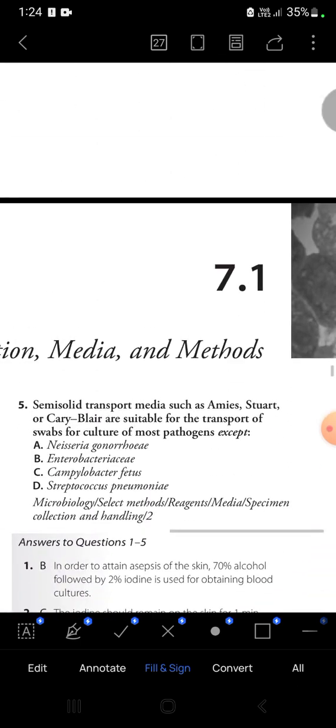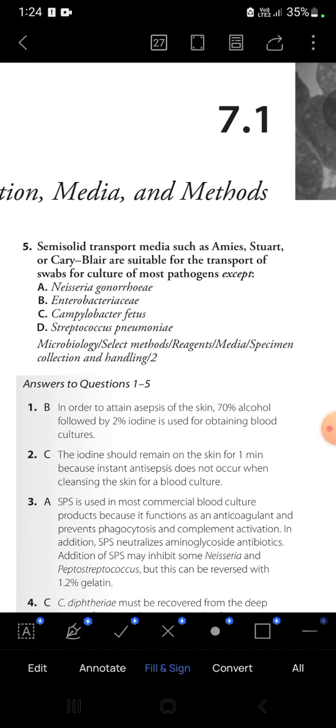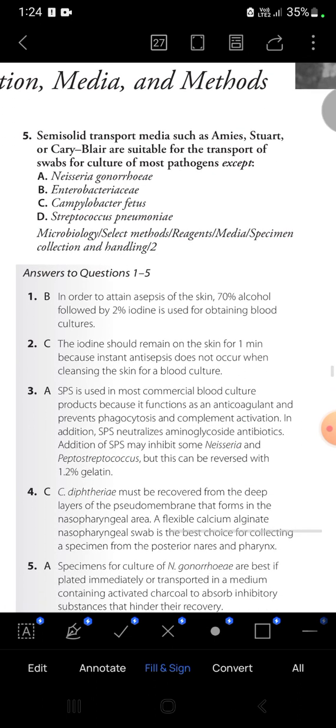And the fifth question: semi-solid transport media such as Amies, Stuart, or Cary-Blair are suitable for the transport of swabs for culture of most pathogens, except A. Neisseria gonorrhoeae.